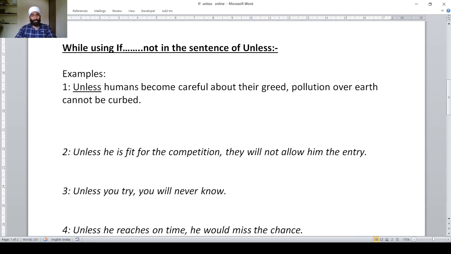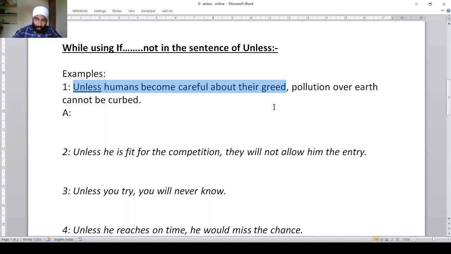Answer for this: unless humans become careful about their greed, pollution over earth cannot be curbed. One more important thing is that unless and if not, these conjunctions form adverb clauses of condition. So the clauses in which unless or if not comes are subordinate clauses.